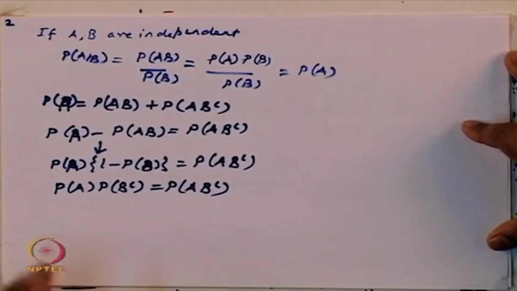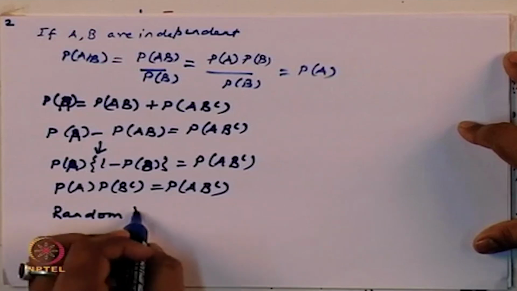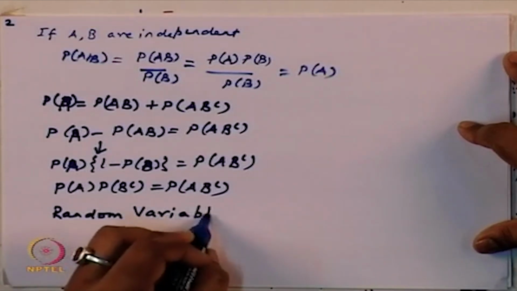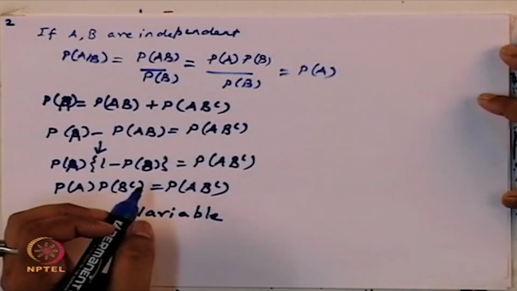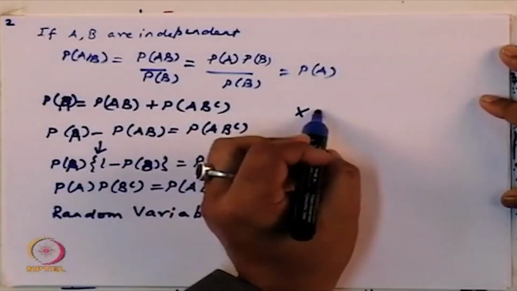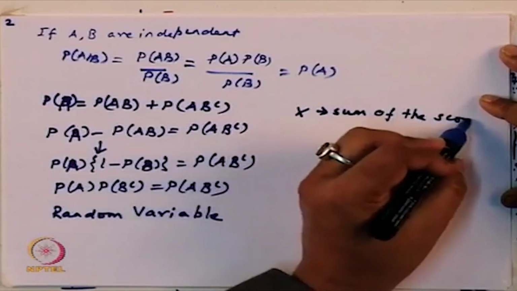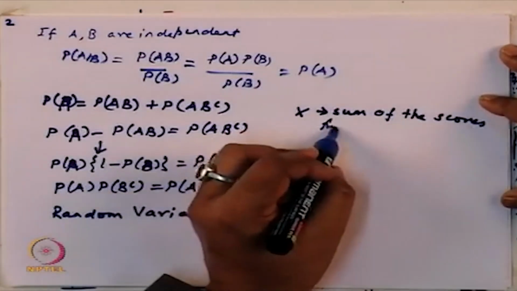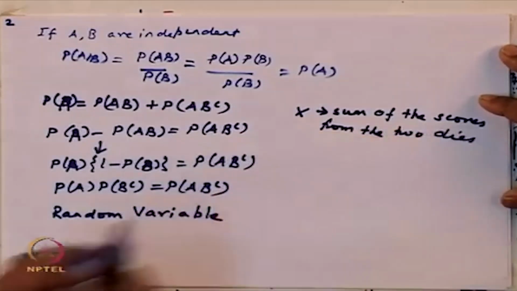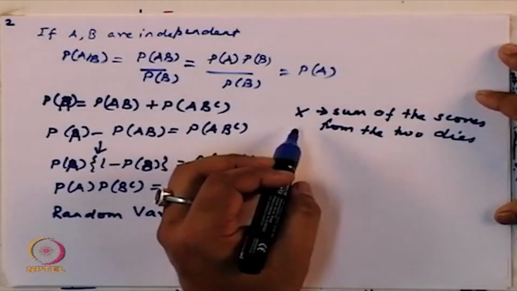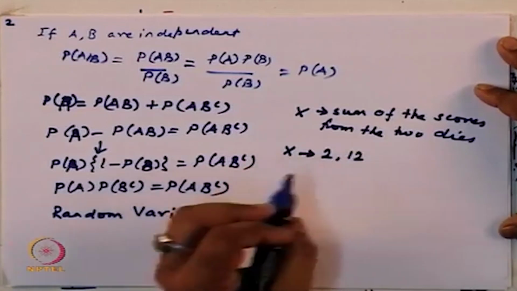Okay. So, towards the end of the last lecture we had discussed random variables. Specifically, we had discussed the case of toss of a die twice, where you can define a random variable x which is the sum of the scores from the two dice. So, x will be varying from 2 to 12, okay.